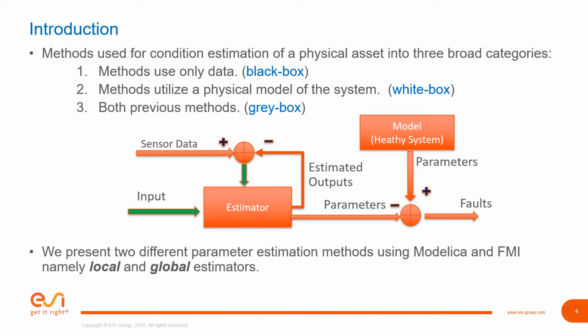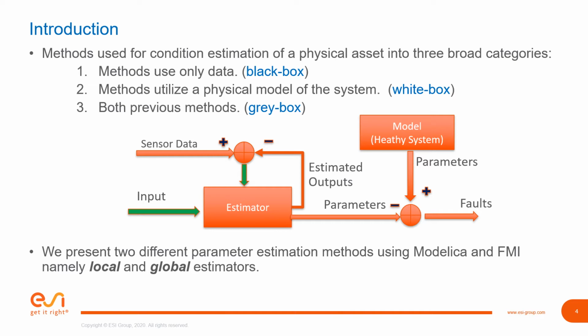The estimated output will be compared with the sensor data coming from the physical system. The error between the estimated outputs and sensor data will be fed to the estimator to adjust the parameter of the system. Then at the end of the estimation procedure, there will be estimated parameters.